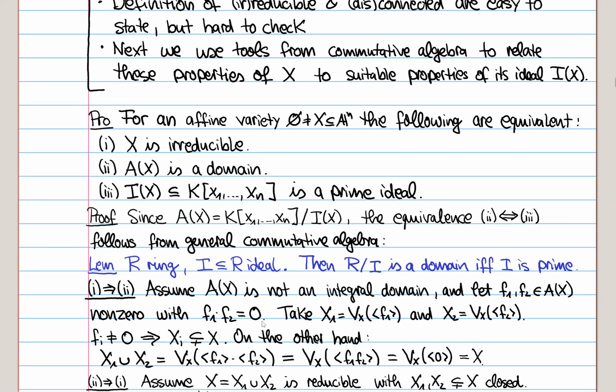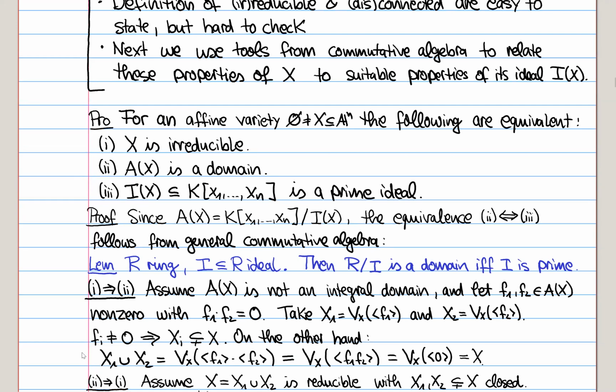Now what we need to come up with is a union X1 union X2 giving us all of X. Well, we already have two functions around. We can take X1 to be the vanishing locus of the first function, X2 the vanishing locus of the second function.